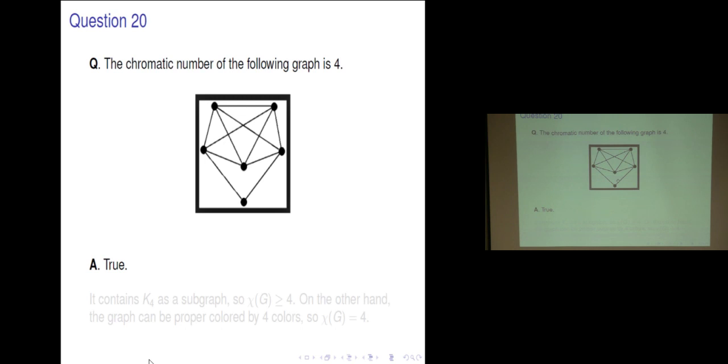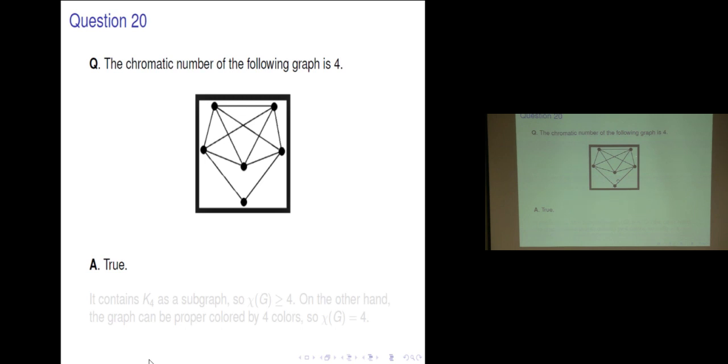There's no hope to use 3. This graph actually has 2 copies of K4. For example, this is a K4. Somehow the PDF annotator doesn't work today, so I have to use this. These 4 give you a K4, and the other 4 also give you a K4. But as long as it contains 1 K4, the chromatic number is at least 4.